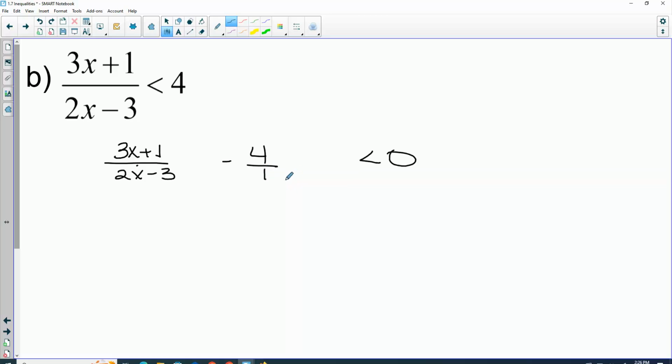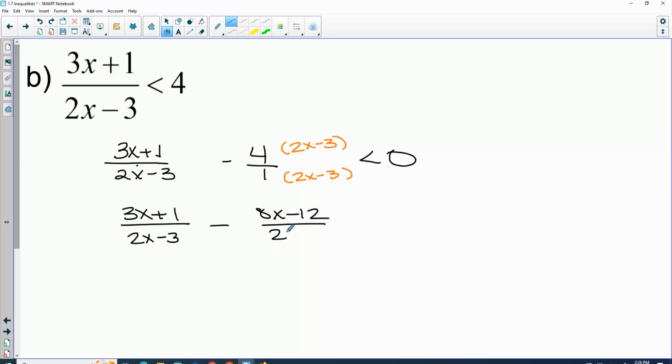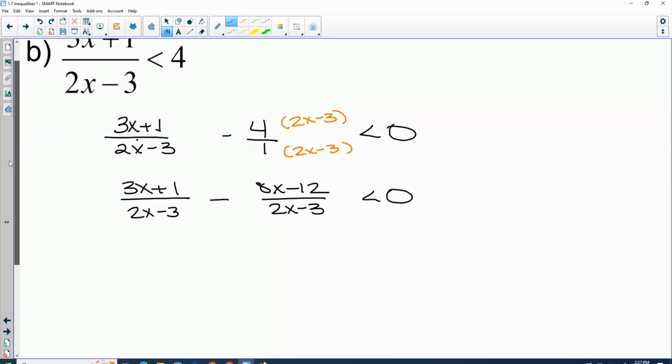If I want to add or subtract, we need a common denominator, so I'm going to take this times 2x minus 3 on top and bottom. Now what?